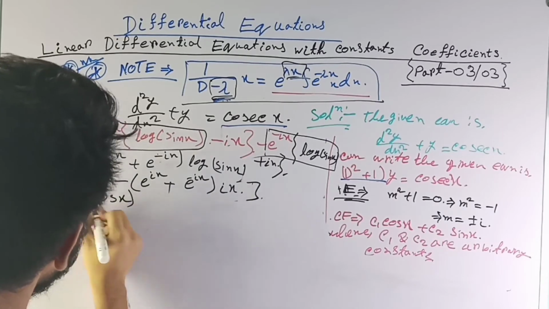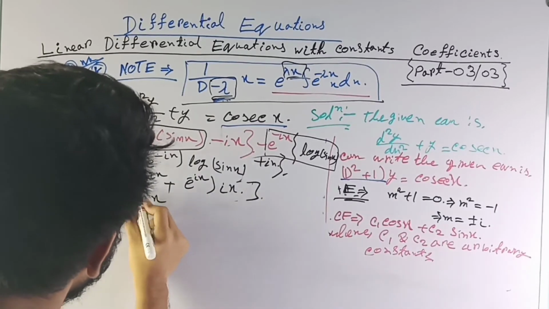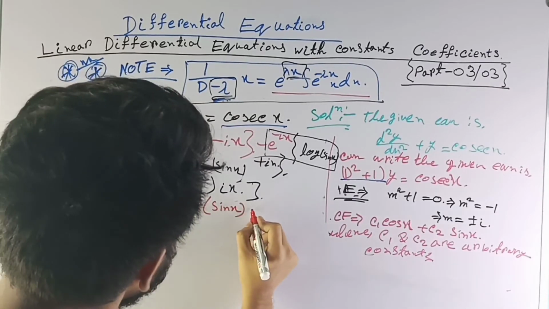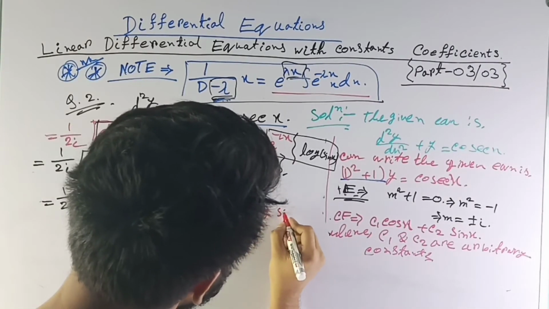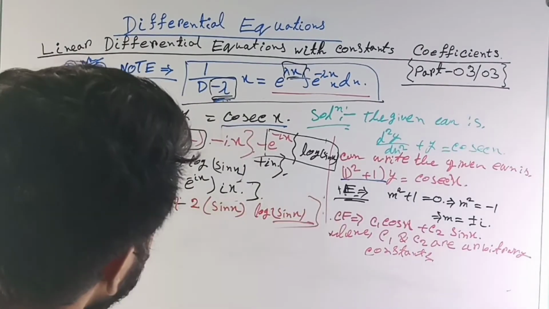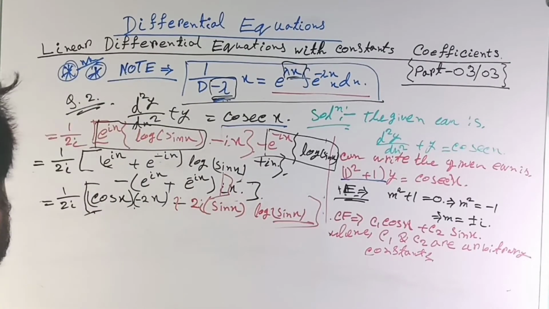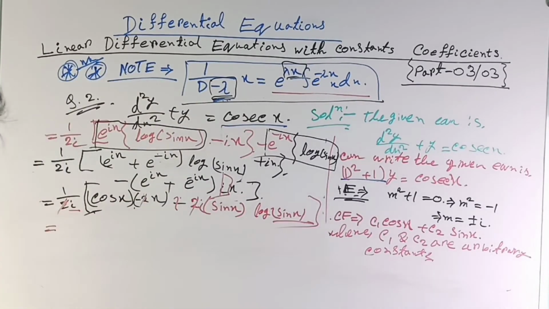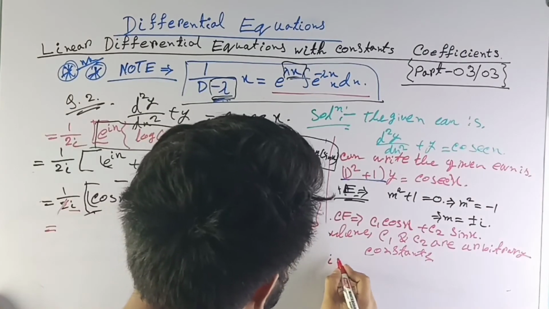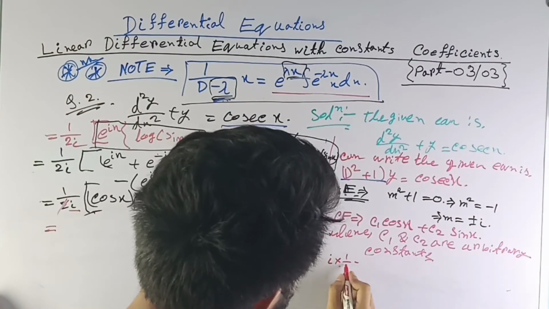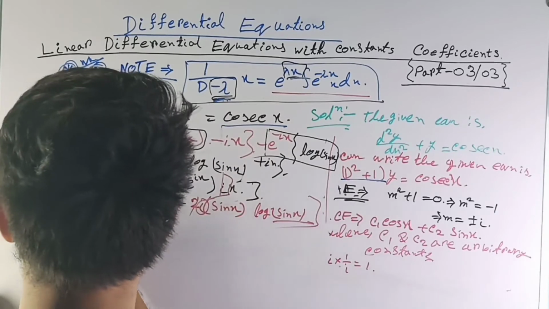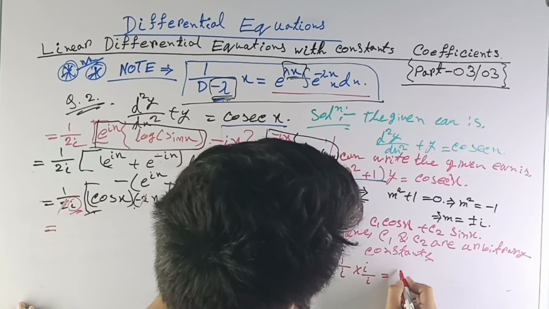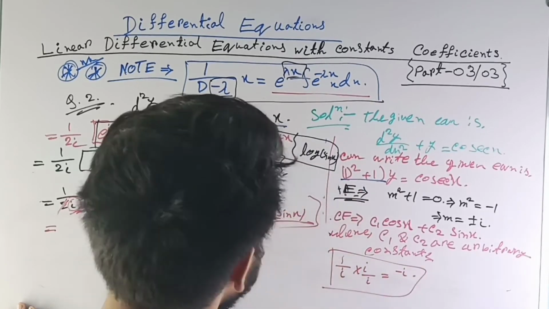So now 1 by 2 iota of this and this, so 2 times sin x, and now that equals log of sin x, that's it. Now the ix means ix, so that's 2 and 2 cancel out. Now this iota and what's here 1 by iota, that means 1, so here there's the 1 and 1, so therefore 1 by iota, that means minus iota, okay.